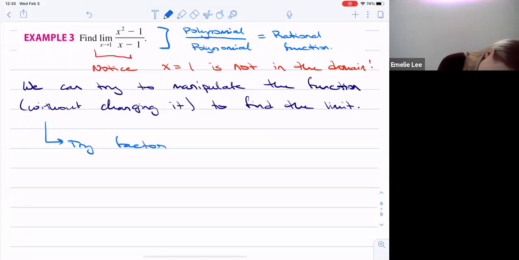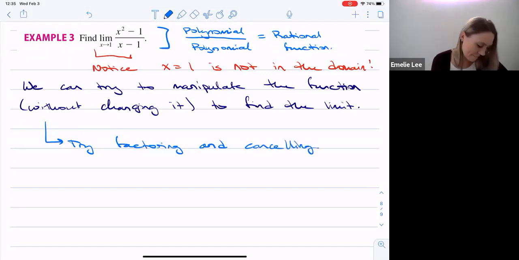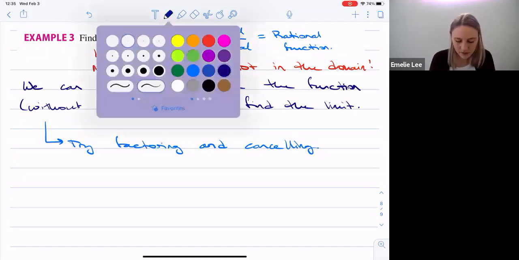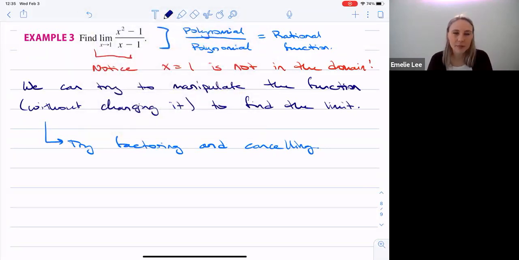Try factoring and canceling. So you can manipulate it a little bit without changing it, and then try to find the limit.